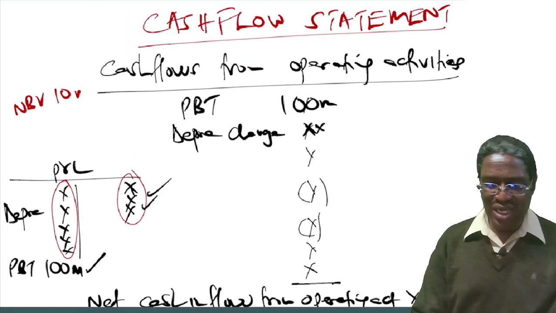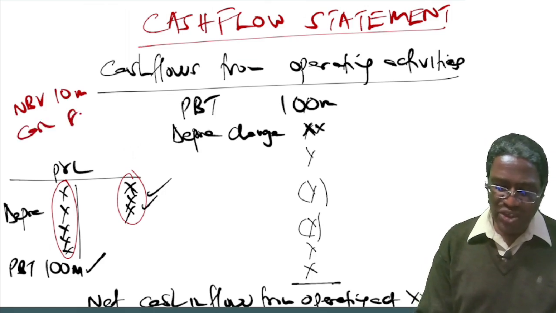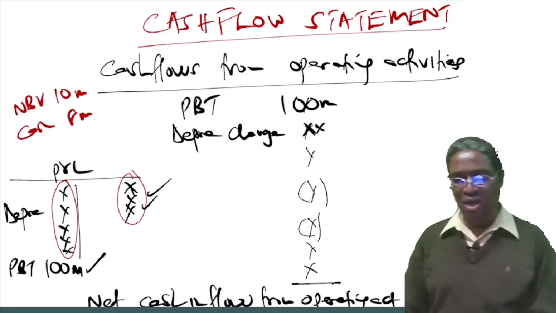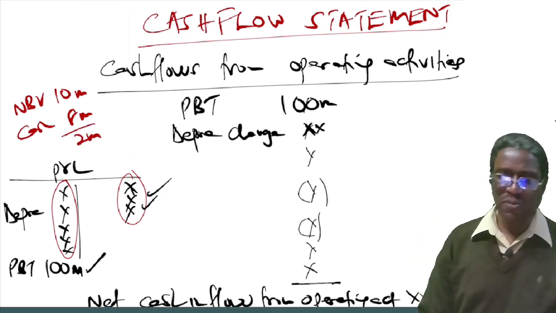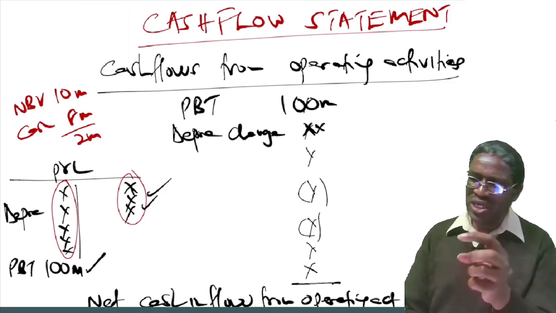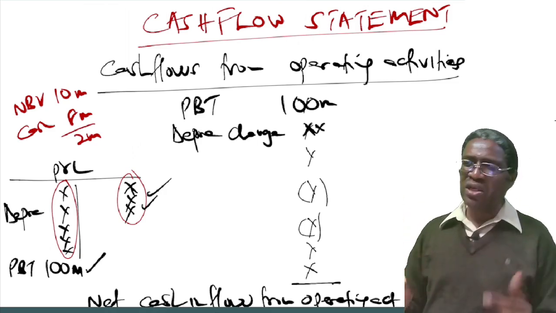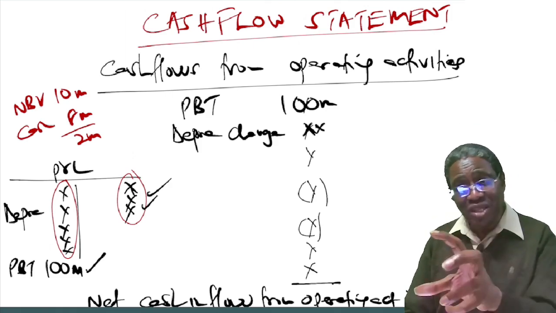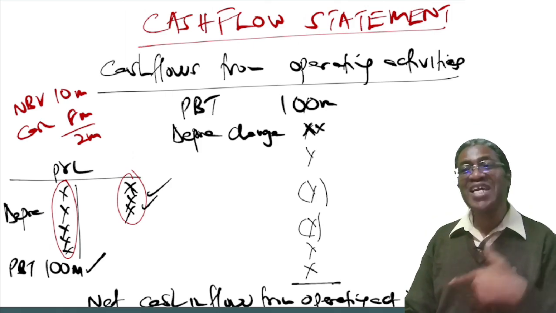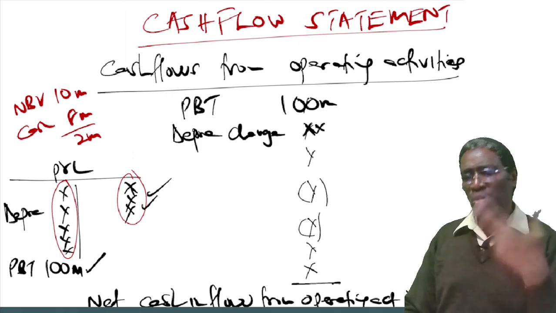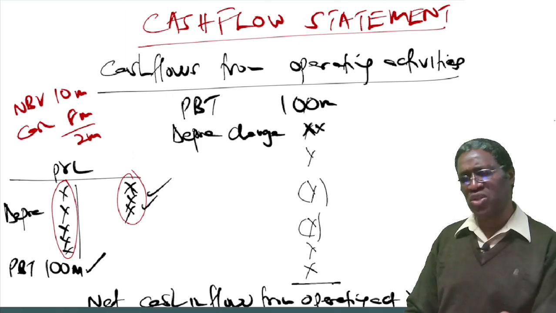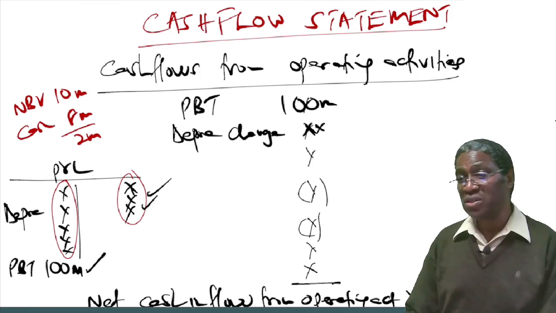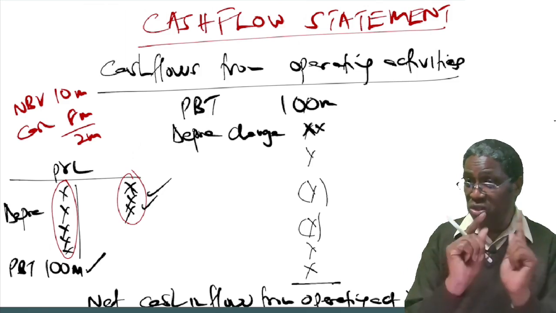If you sold that asset for cash of 8 million, you must have made a loss of 2 million. That loss of 2 million is not what you received. It is something you debited the P&L account with, yet no cash was received. What you received is 8 million cash when you sold the asset. But the loss of 2 million, you took it to the P&L account. Is it involving cash? No.